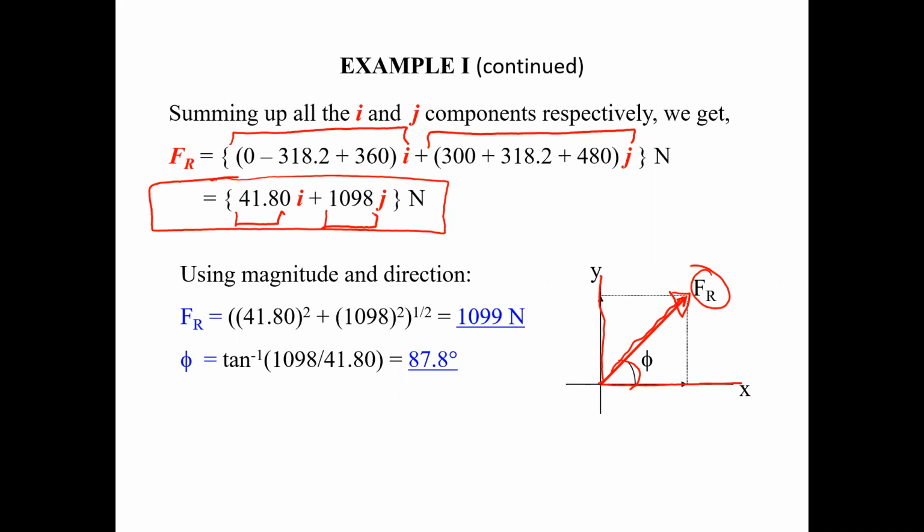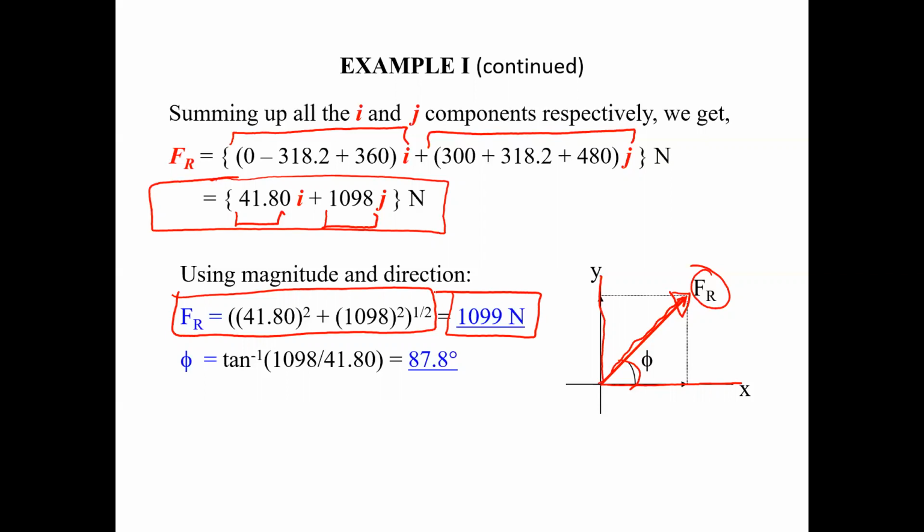So just use that here in this equation, right? So FR equals the square root of 41.8 squared plus 1098 squared, right? And you get 1099 newtons. So 1099 newtons is your resultant force vector, FR, with the addition of those three vectors.